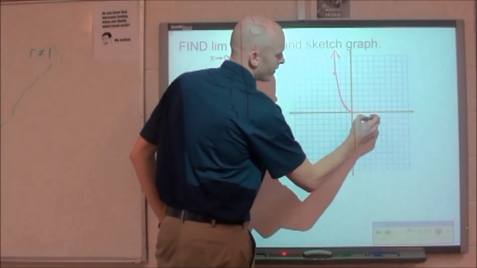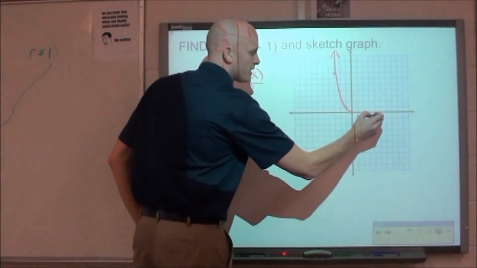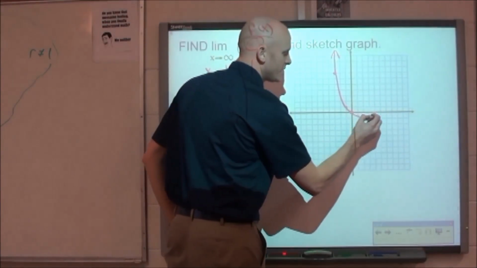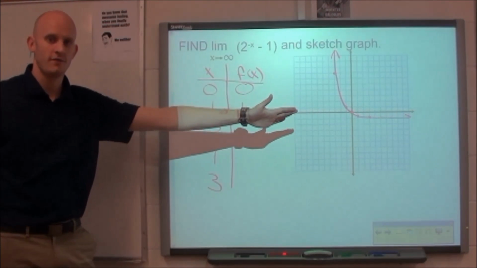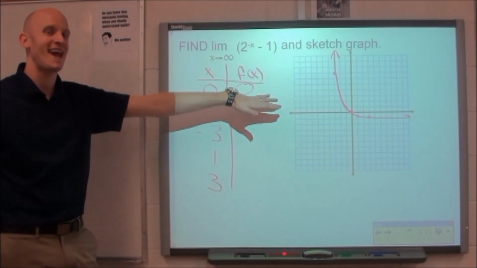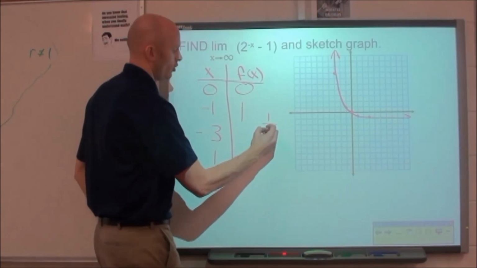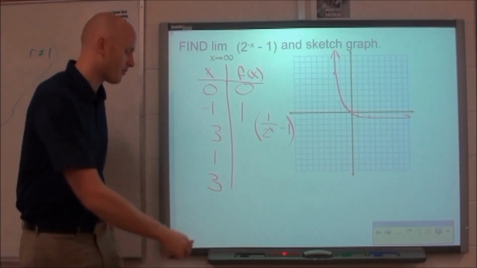It's going to get very close to -1 because 1/8 is close to 0, subtracting 1. And you can see by picking points, this is the look of our graph. It's an exponential decay graph because this negative exponent is the same as 1 over 2 to the x, minus 1. It's an exponential decay graph.